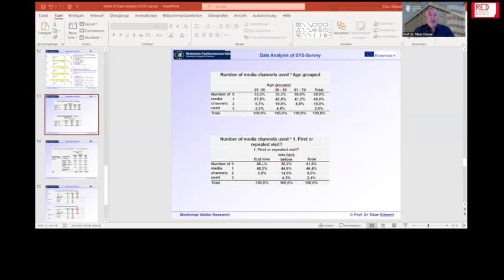Almost every second first-time visitor wasn't reached by any media channel. This is certainly an indication that the range and the coverage of the media campaign among this group was not very high. First-time visitors basically here came because of personal recommendations. They didn't see it in the media, or at least they did not remember it.